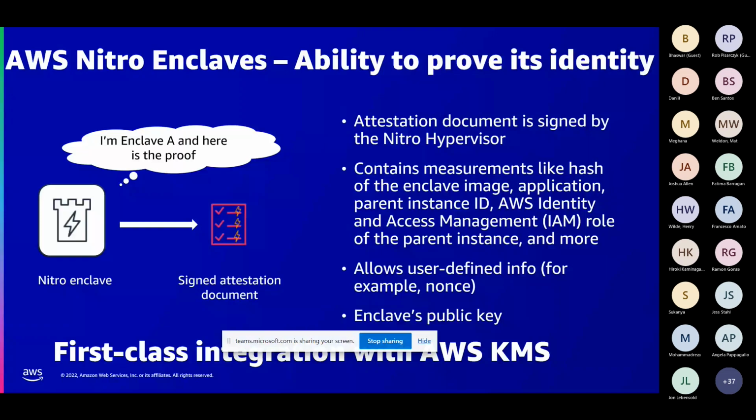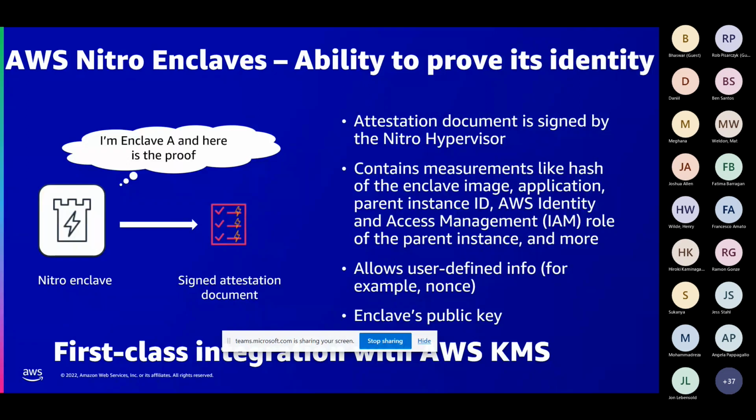The Nitro hypervisor is a lightweight hypervisor that actually takes care of some of the ring-fencing of the instances that are carved out from the host. The Nitro hypervisor signs an attestation document per instance, and it can also sign the attestation document for the enclave. And what this allows the enclave to do is provide proof of its identity.